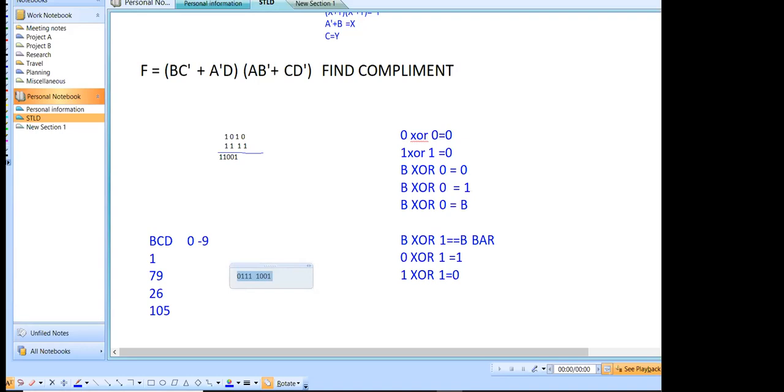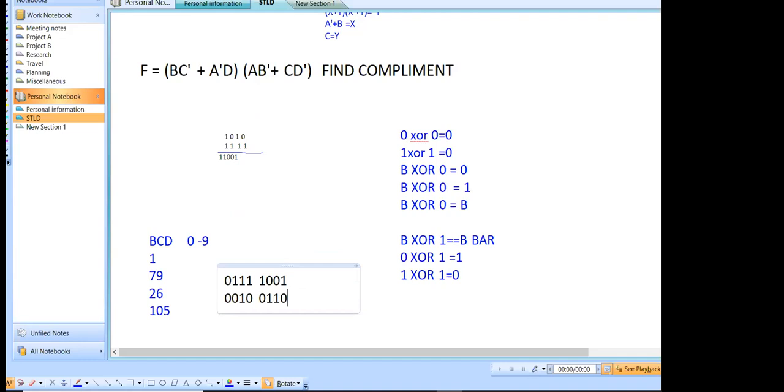That is, in BCD, 7 is 0 1 1 1 and 9 is 1 0 0 1. And this number is added with 26. To represent 26, 0 0 1 0 is the binary equivalent of 2, and similarly the binary equivalent of 6 is 0 1 1 0.